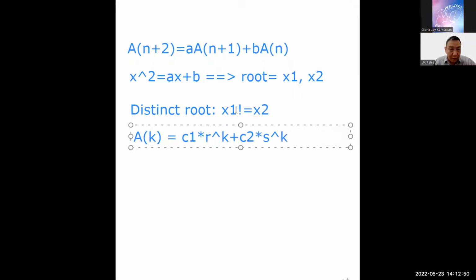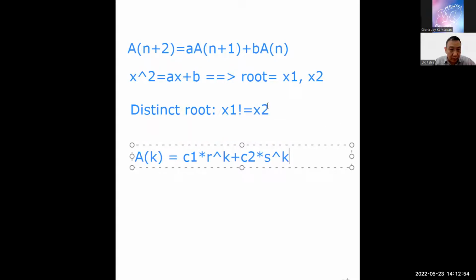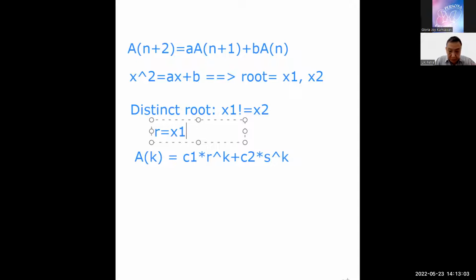R is x1, S is x2. R equal to x1, right? And S equal to x2. This is the summary.